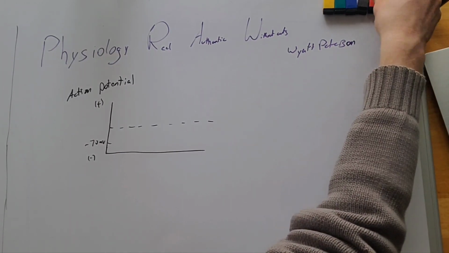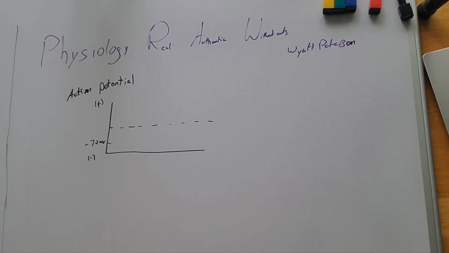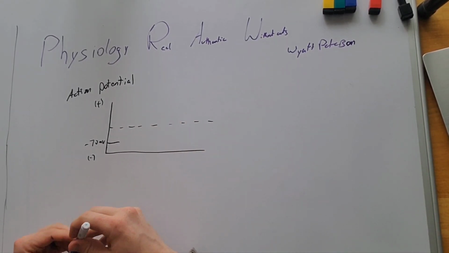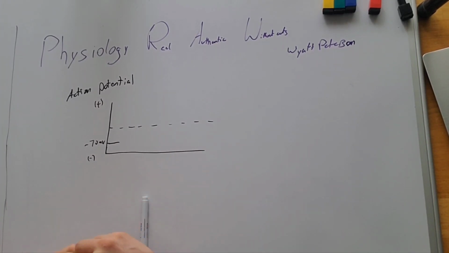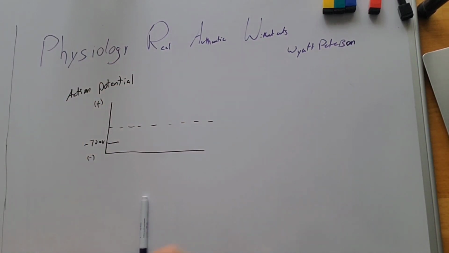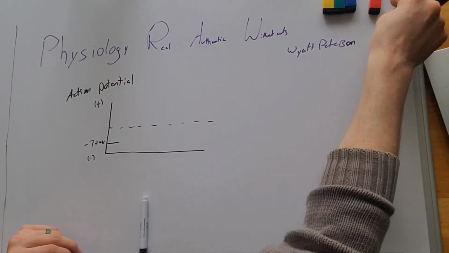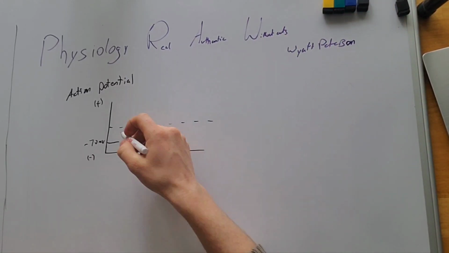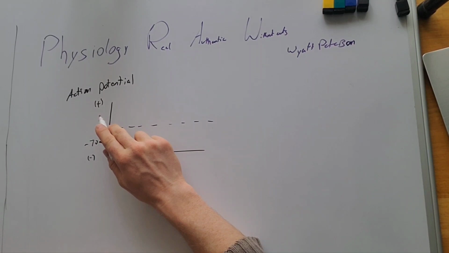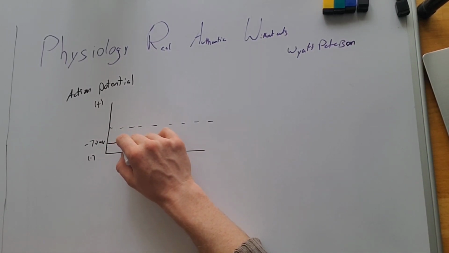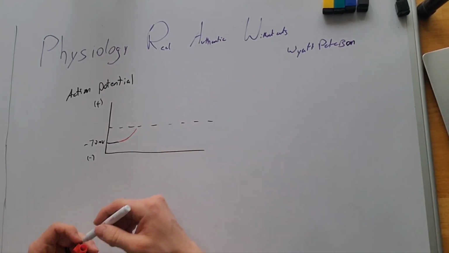As the cell is sitting at homeostasis, I'm going to see a little bit just like that, and then as mechanical, temperature, or ligand gated channels open, it's going to introduce more and more positive ions into the cell through the cell wall. So we're going to see the line go up, right?